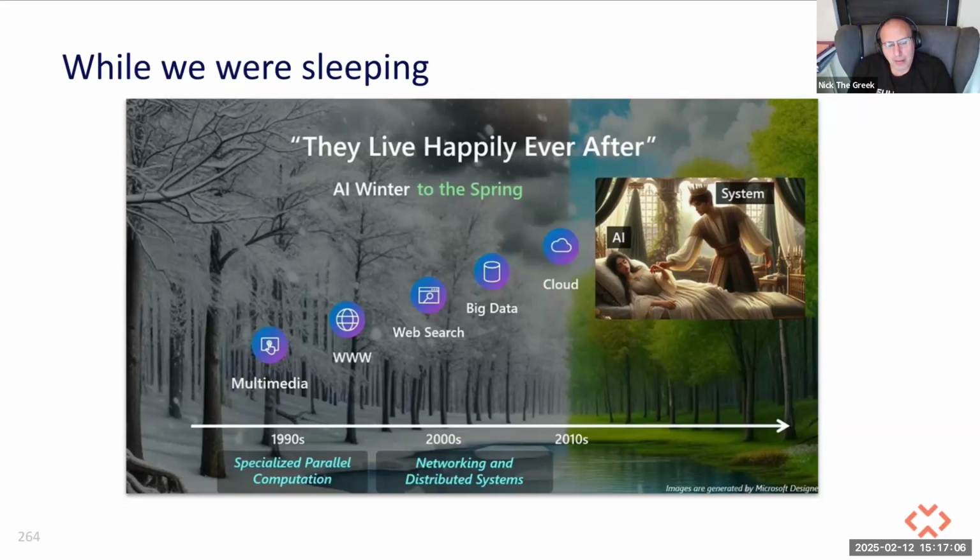But what we neglect is that as the AI was sleeping, the Sleeping Beauty over here, a lot of things happened in the systems world that basically prepared the scene, and set the scene for AI success.